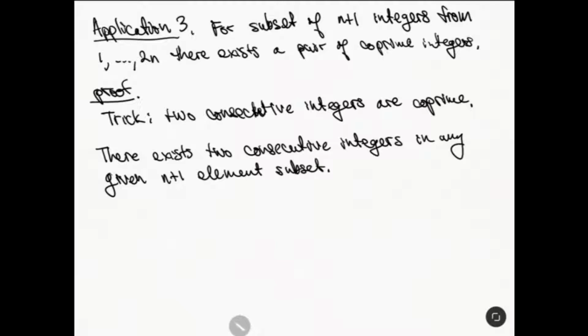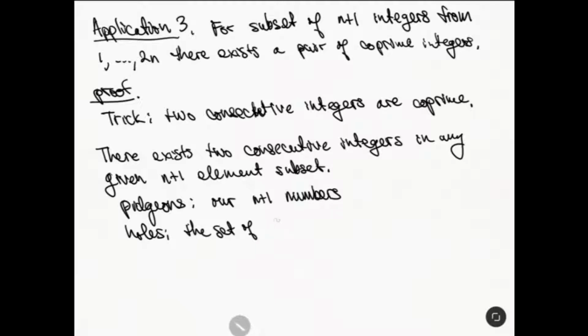Okay, so the holes here, or let's say the pigeons, are our n plus 1 elements, numbers, and the holes are going to be the set of even numbers or the set of odd numbers.